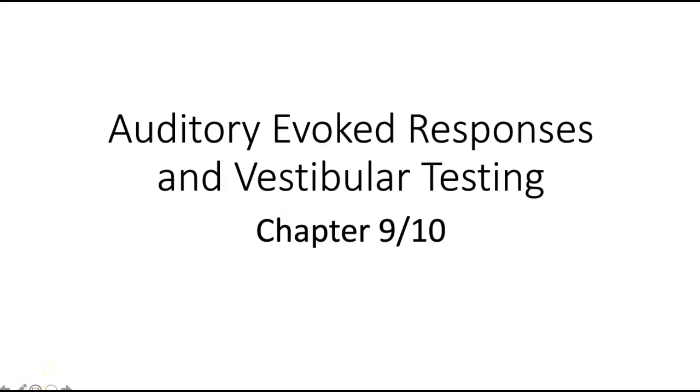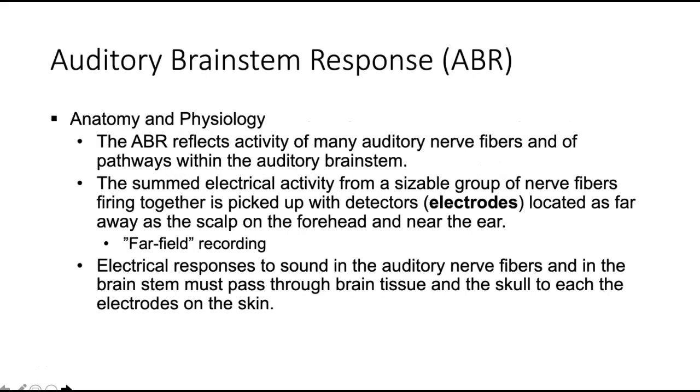Okay, Chapter 9 covers auditory evoked responses, particularly the auditory brainstem response, which we'll talk about, and then vestibular or balance testing. So the ABR, or the auditory brainstem response, reflects activity of the nerve fibers within the auditory brainstem.